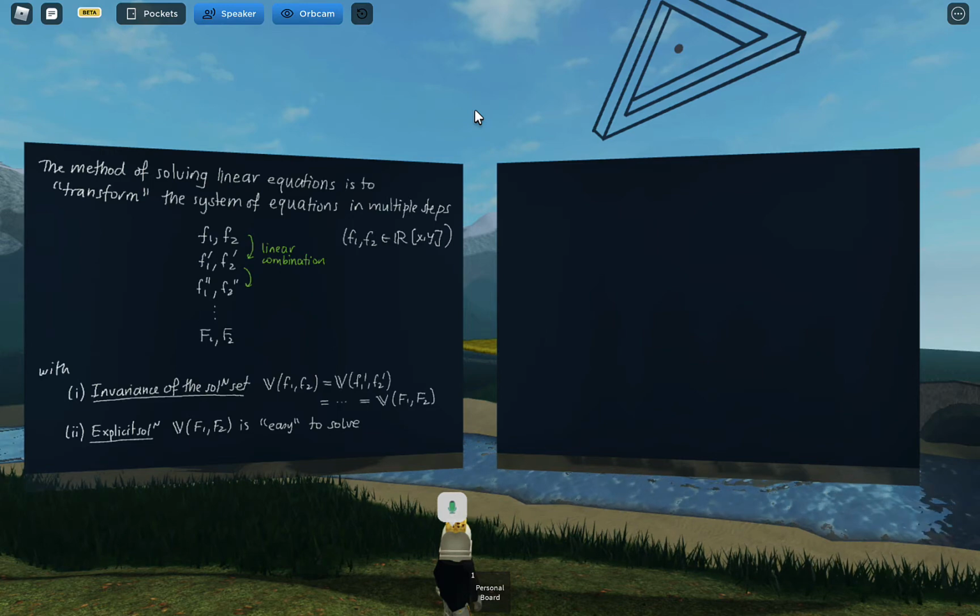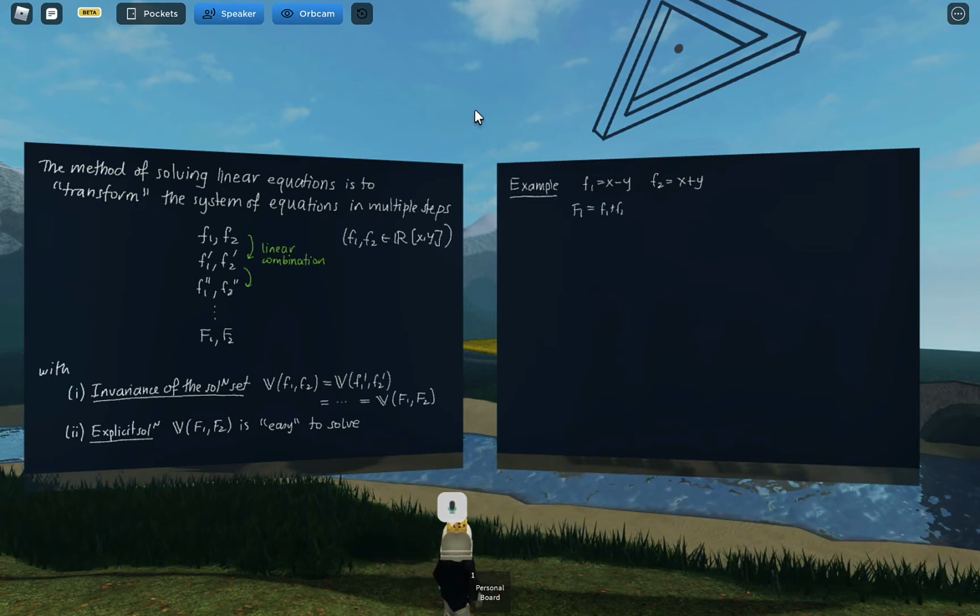Just to spell it out, in the example we've just discussed, we kind of did that already. So we had F1, we had F2. The final result was F1 plus F2, that was 2x. F2 was F2 minus F1, that was 2y.